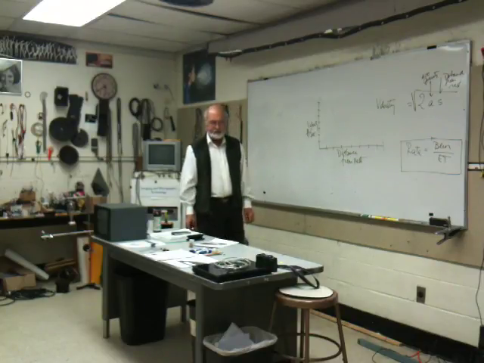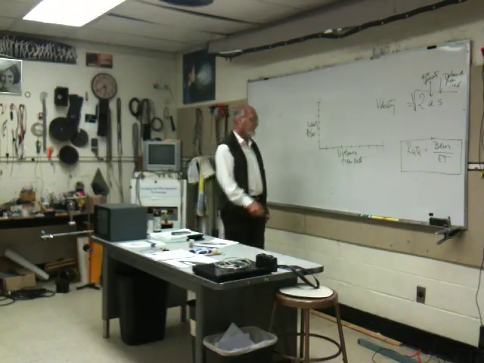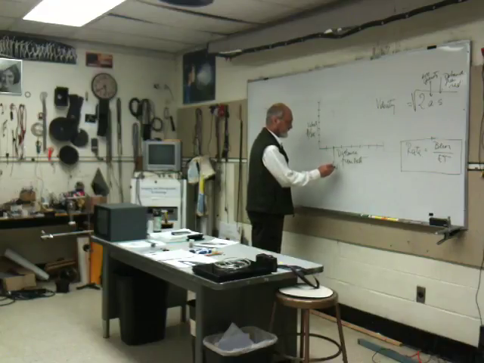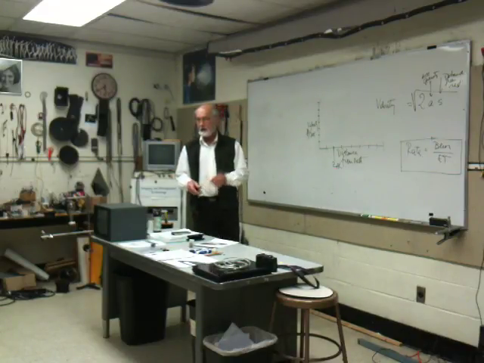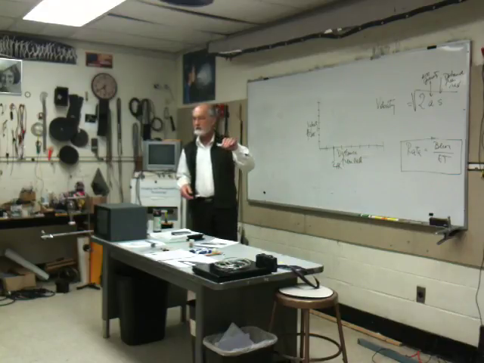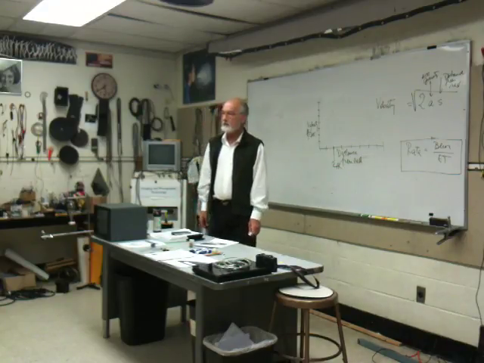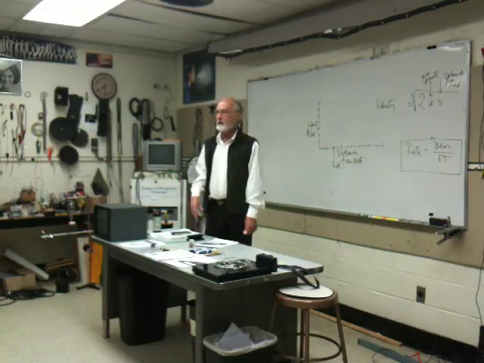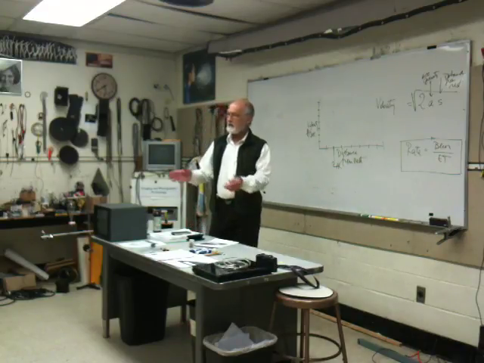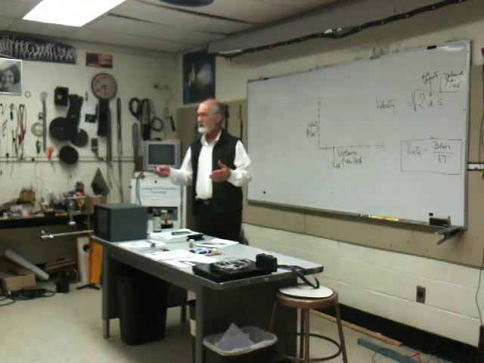So I could pick at random some distance, let's say 2 feet. I want to find out how fast, and this is in the absence of friction. This would be in a vacuum, but we say we're close enough to vacuum.